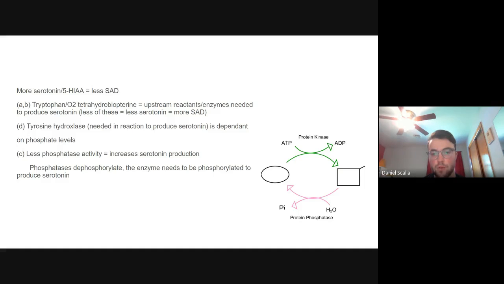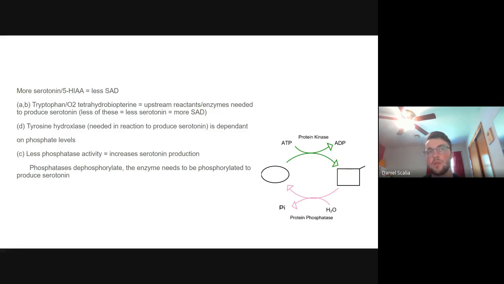Yeah, basically I feel like A and B you can eliminate, because if you look at figure 1, they're both needed in this reaction to produce serotonin. To start off, it's asking which is not likely to contribute to SAD. We see in the paragraph that more serotonin or more of this 5-HIAA results in less seasonal depressive disorder.